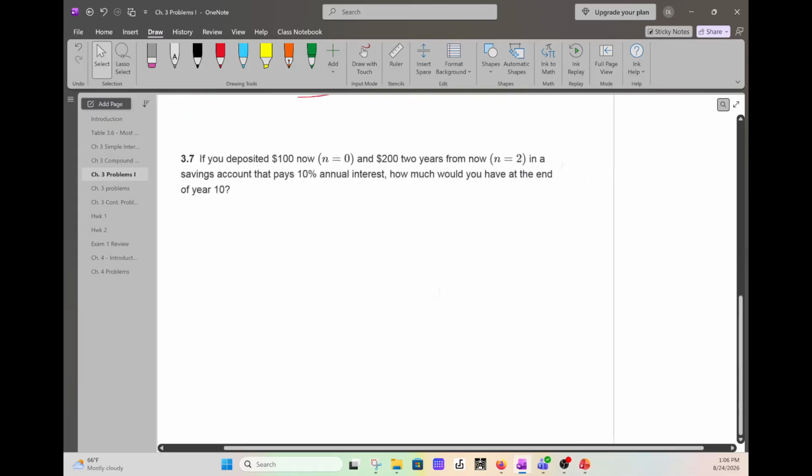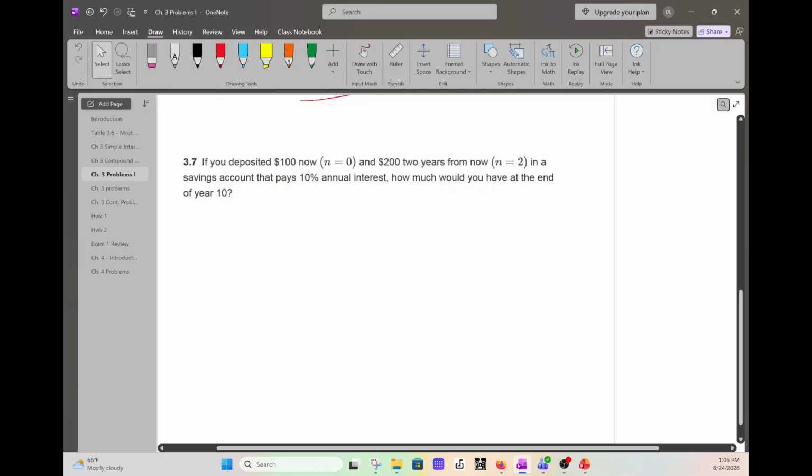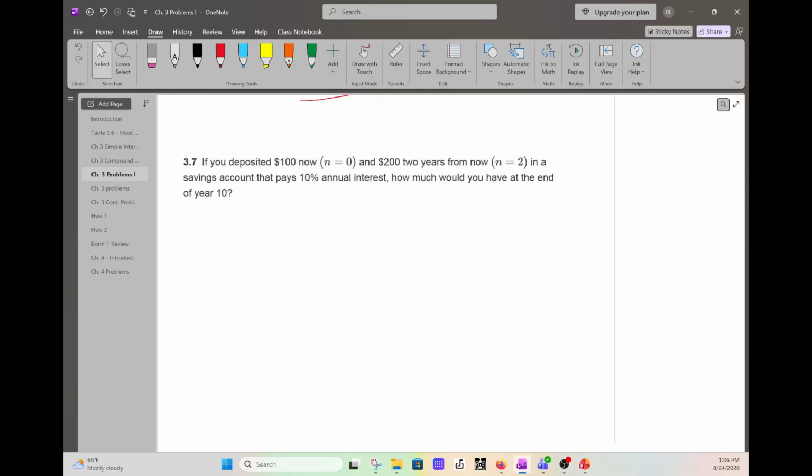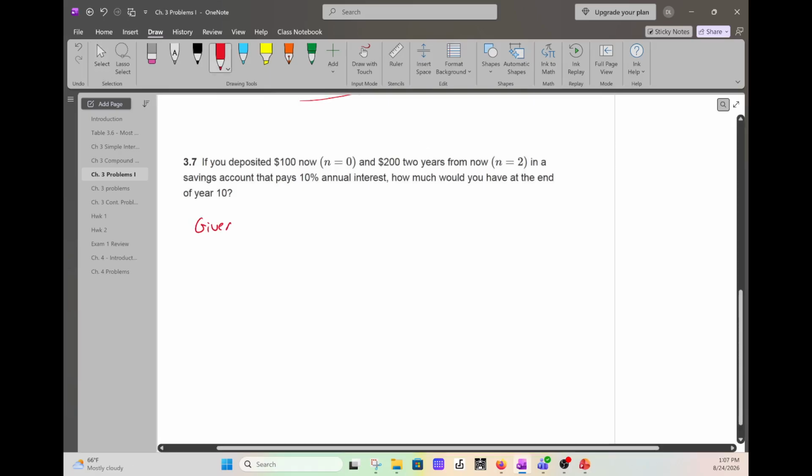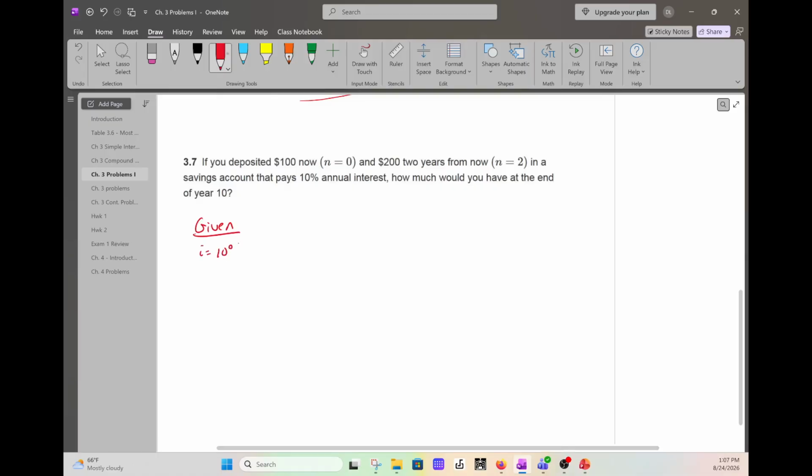So if you deposited $100 now, $200 2 years from now, n equals 2, in a savings account that pays 10% annual interest, how much would you have at the end of year 10? Ooh, okay. So, given, let's just do I as 10%.